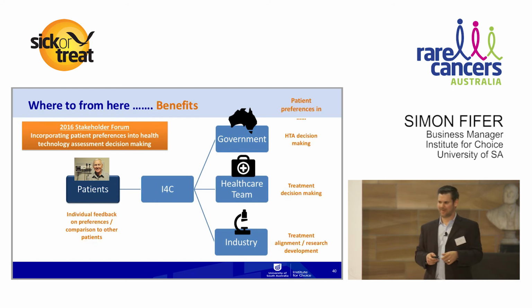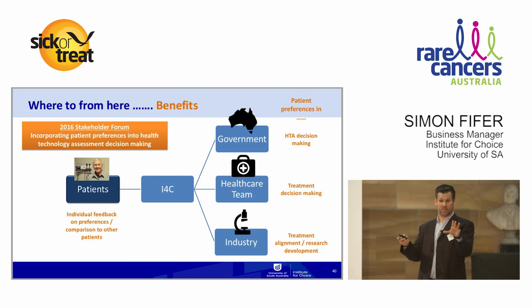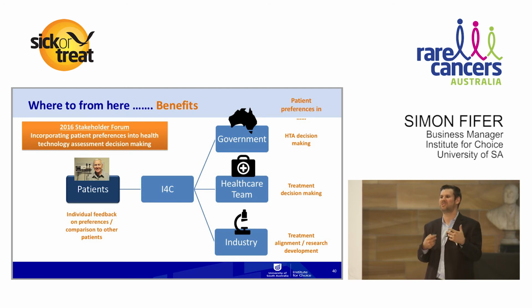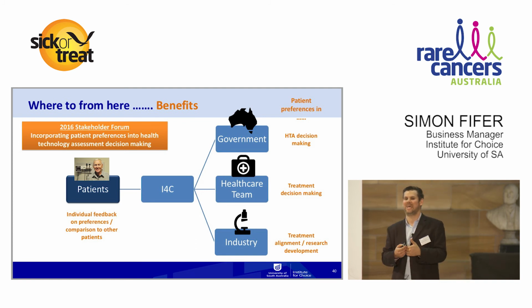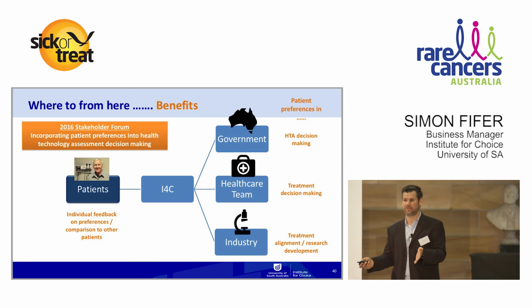What are the benefits of doing that? For patients themselves, as I showed you before, you can actually get individual preferences. That would be really interesting for a patient to go through. What do I value? I have an idea about what I value, but I don't necessarily know the hierarchy or the magnitude of what's most important to me. Making these choices will give me that. How do I compare to other patients? For example, in the CLL study, how do my preferences compare to other patients with CLL in Australia that we've spoken to?